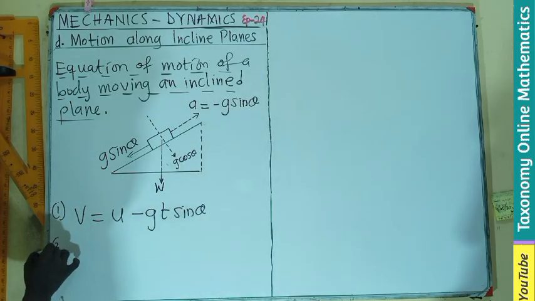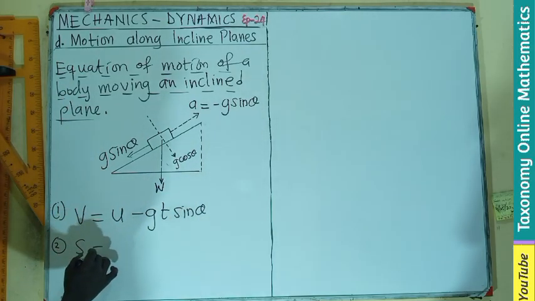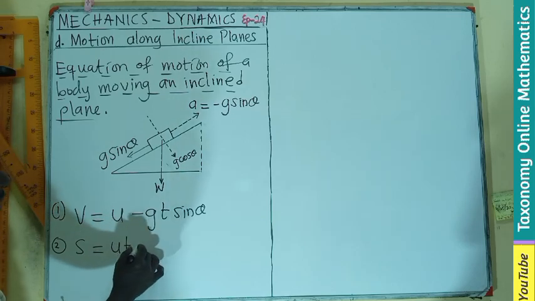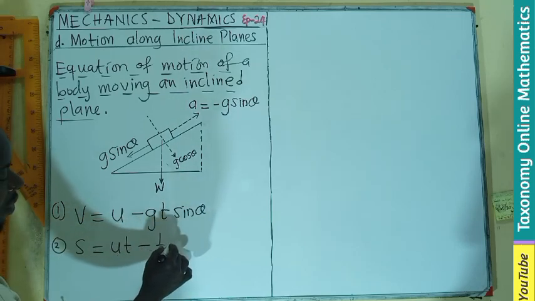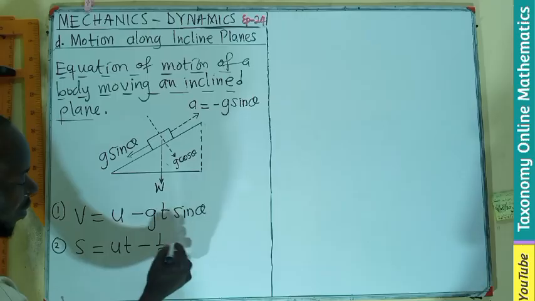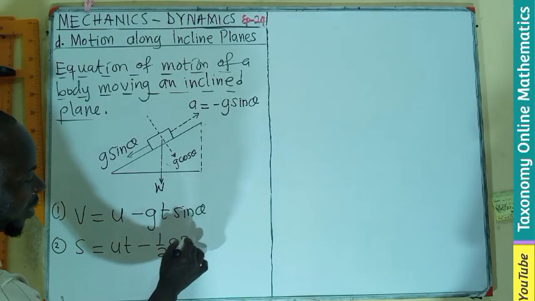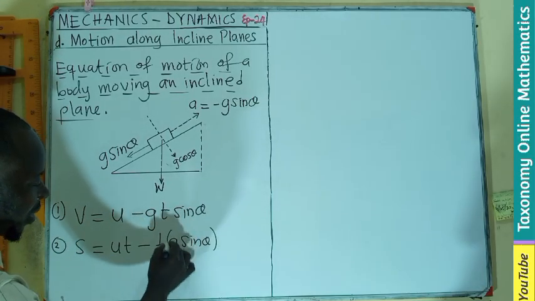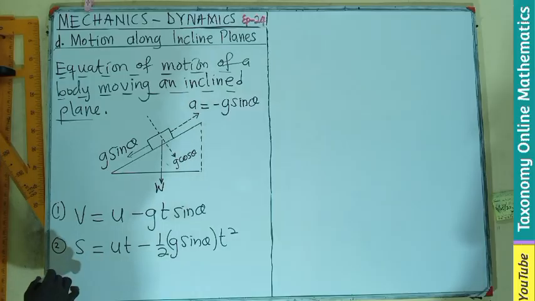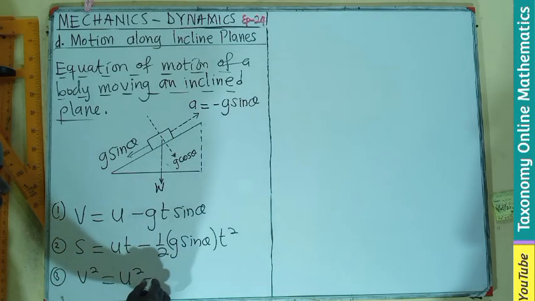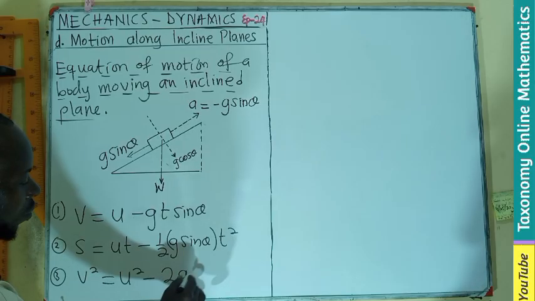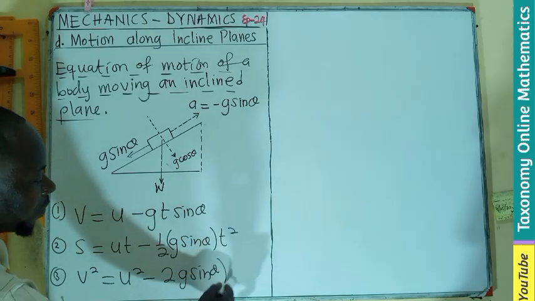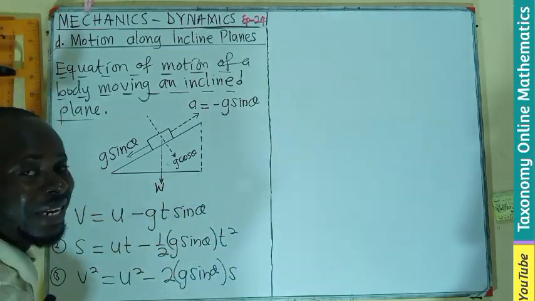Then your second equation will also be s equals ut minus half g sine theta t squared. And finally we have v squared equals u squared minus 2 g sine theta times the distance.